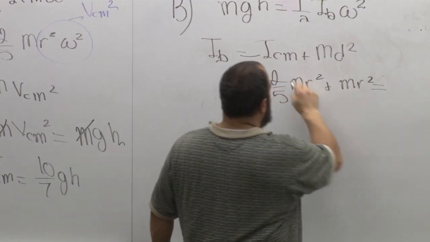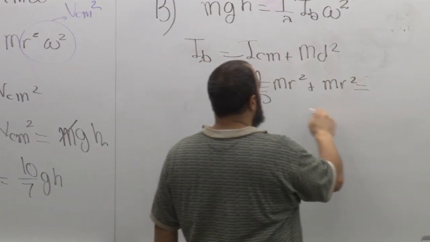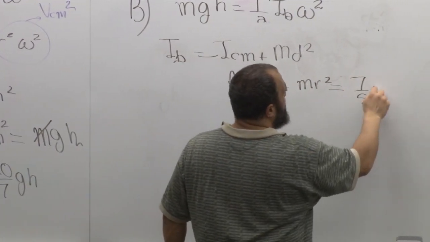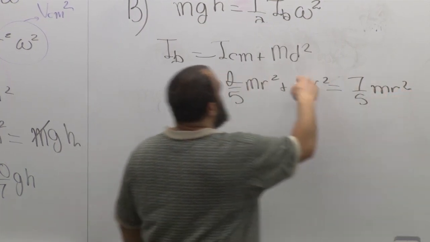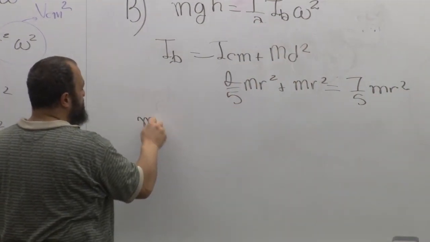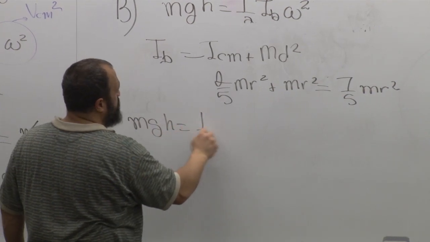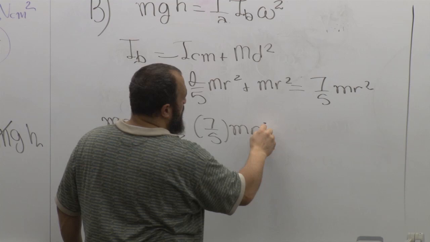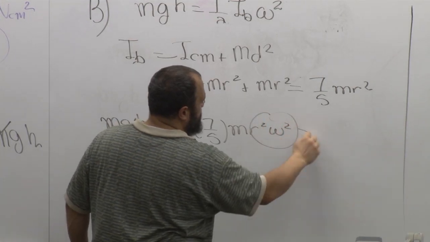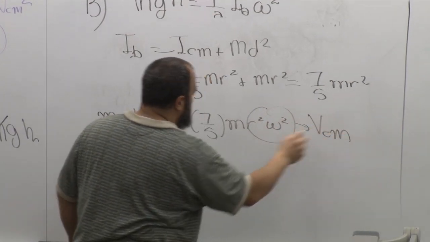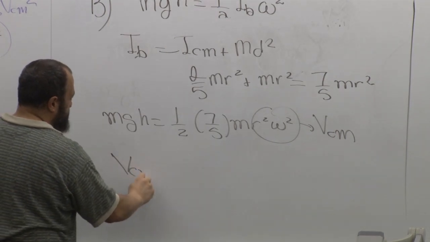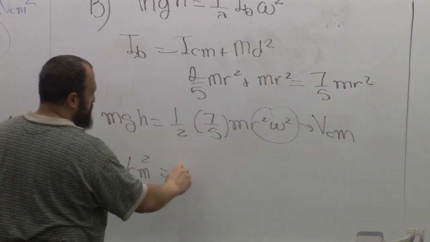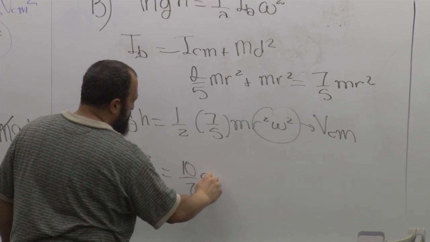That turns out to be 7/5 m r squared. You plug it in there, you get mgh equals 1/2 into 7/5 m r squared omega squared. This is the same as VCM, and you end up with VCM squared equals 10/7 gh.